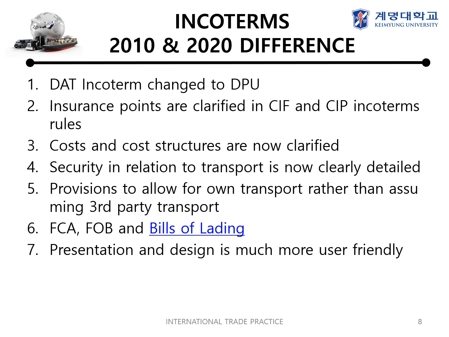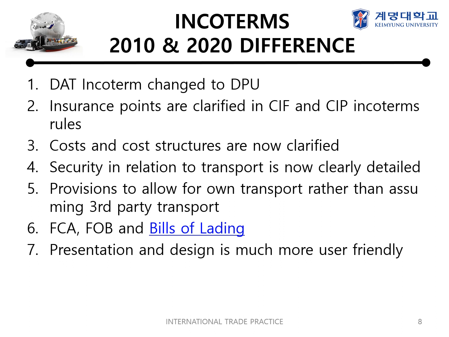There are not a lot of changes, mostly modifications, for example, DAT changed to DPU, and some clarification of the insurance points in the CIF and CIP Incoterms. Mostly, the differences come from the cost and cost structure.